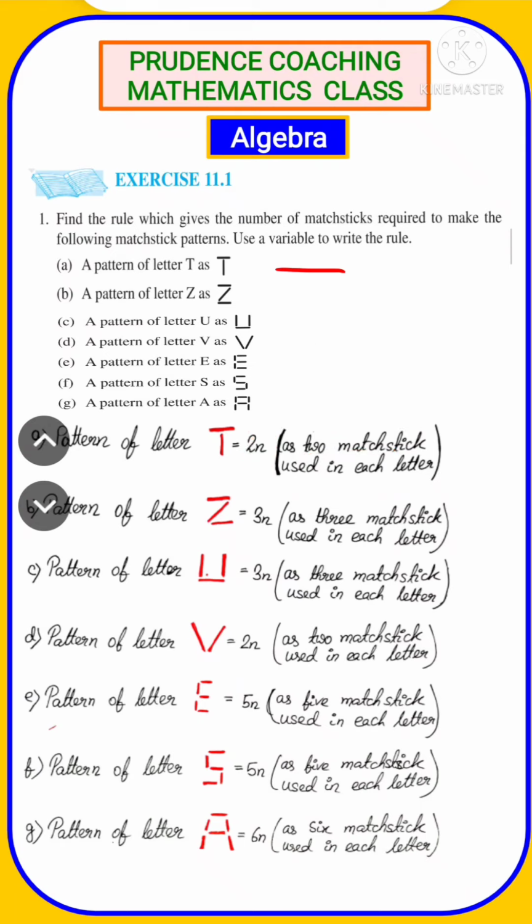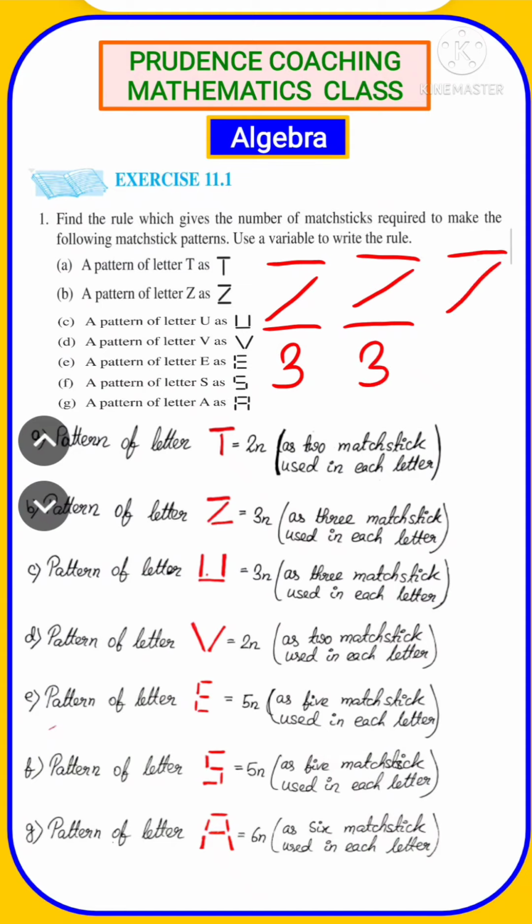Similarly, let us see the next one. Here we have Z. Here the Z is written like this. That means we need 3 matchsticks. If we say we have 2 Z's, we will use two 3's. If we say we need 3 Z's, we will need 6 plus 3, that is 9 matchsticks.